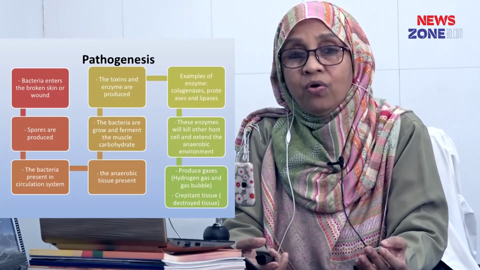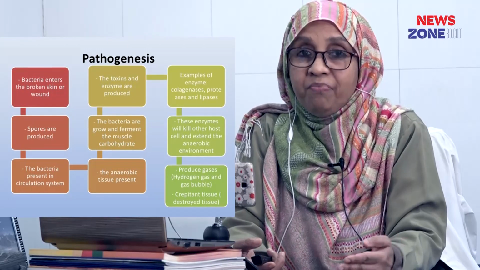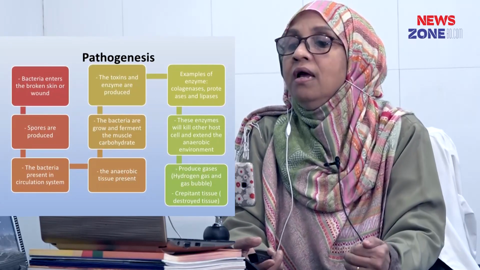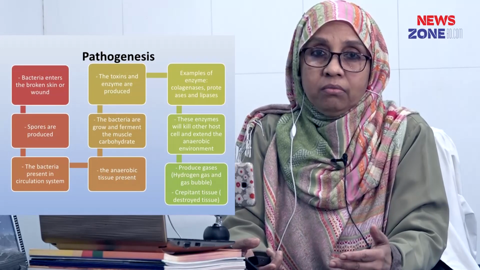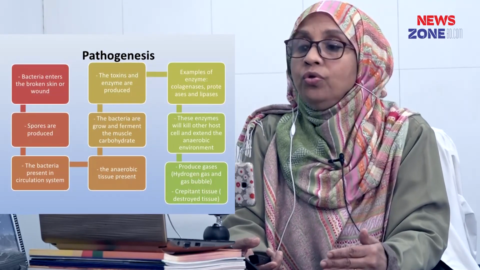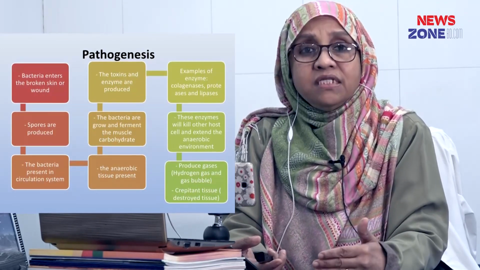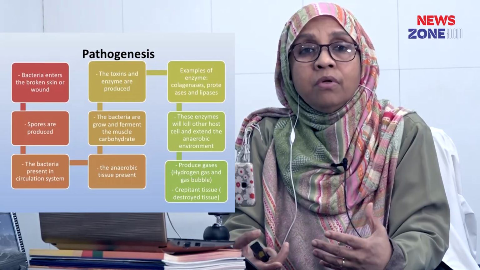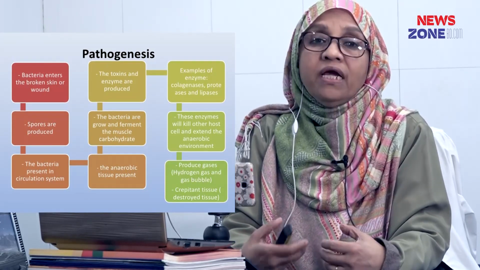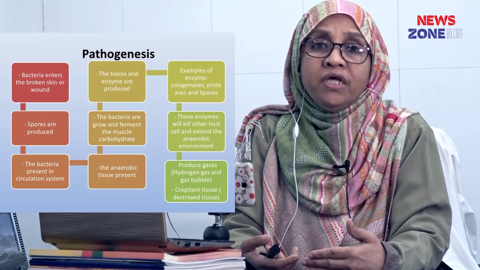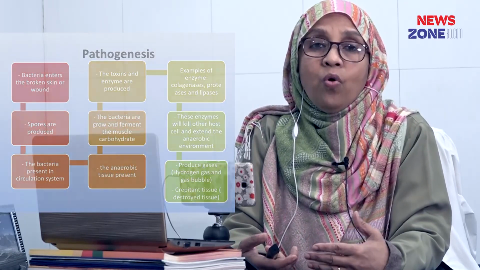Collagenase breaks down collagen, lipase breaks down the lipid layer of the human host cells, and protease causes proteolysis. With these enzymes, they can also get nutrition, so they can survive more and multiply more. They have their appropriate environment, getting nutrition and also fermenting carbohydrate, producing acid and gas at the site.